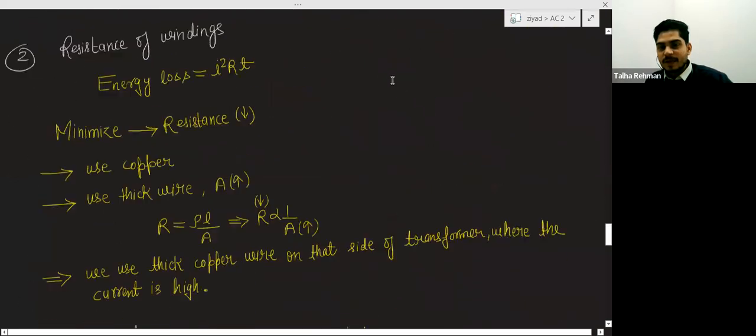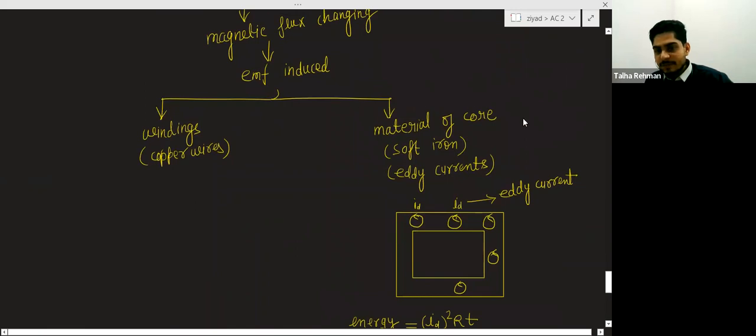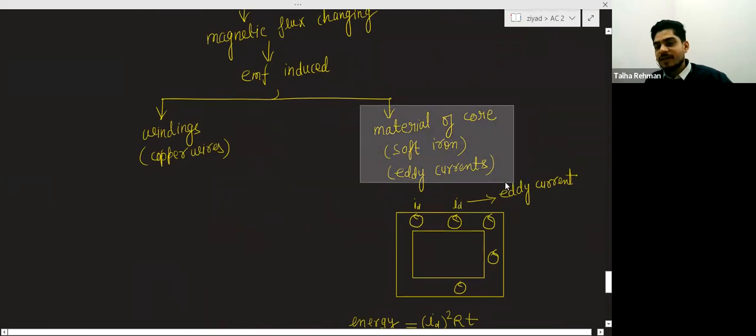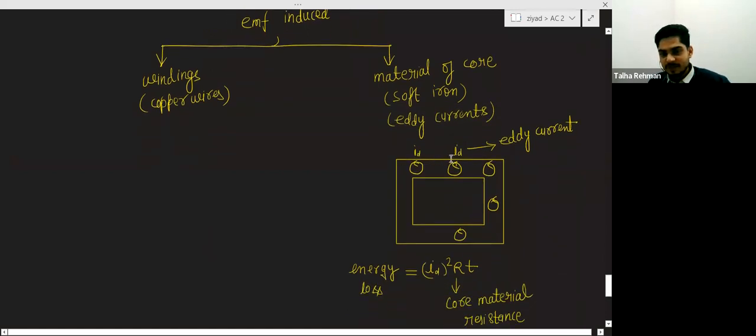So basically, induced EMF across the material of the core or soft iron, and due to that there will be the eddy current. This is the soft iron core, and these are the eddy currents in circular form.